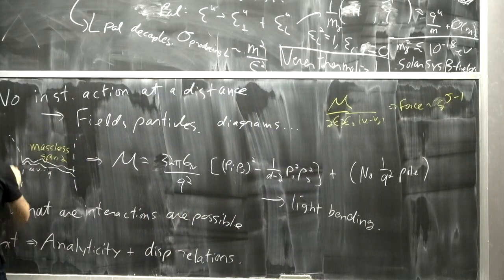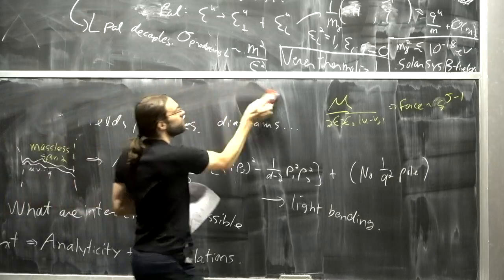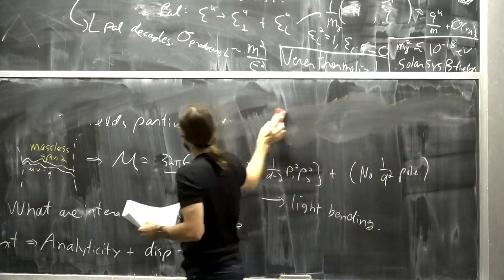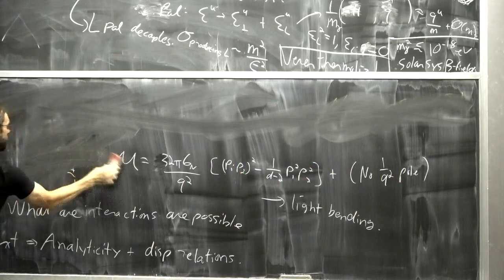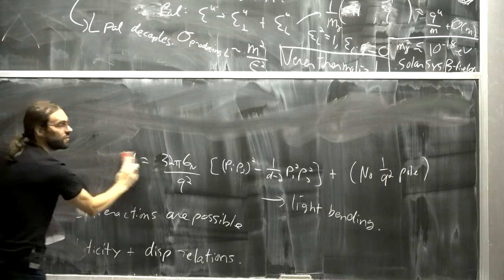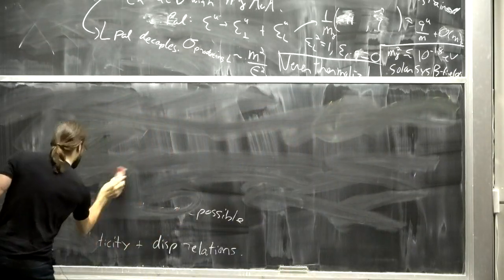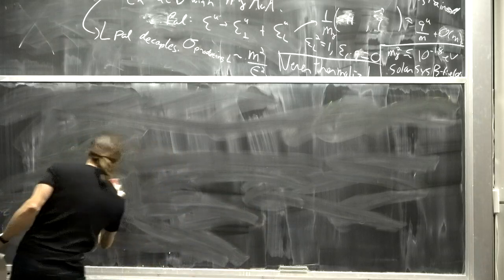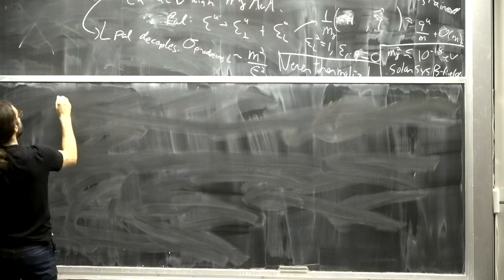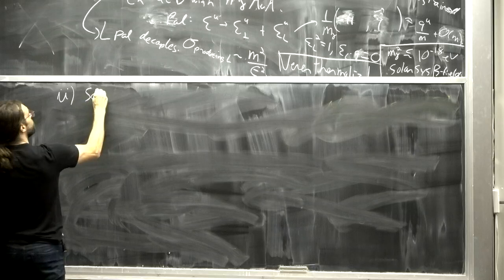The other case is much more interesting. In general, when you have a massive spinning particle, the thing it couples to is simply not conserved. So that's going to be case 2: the source is not conserved.